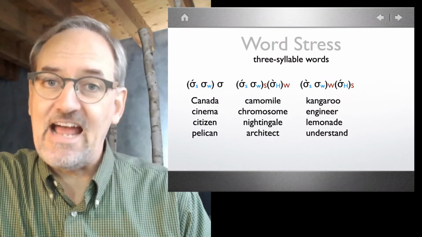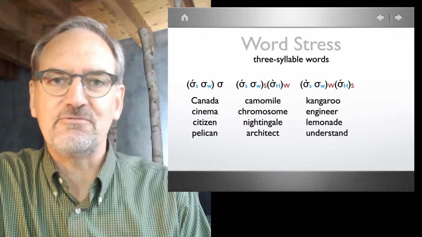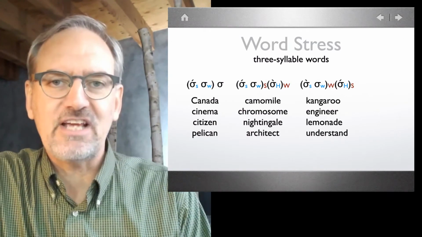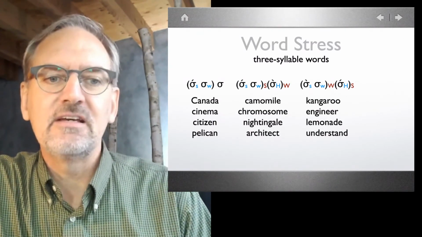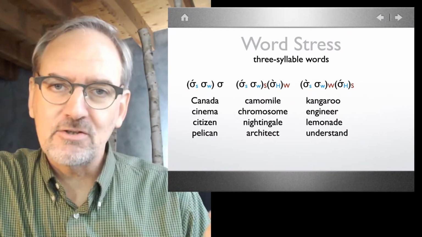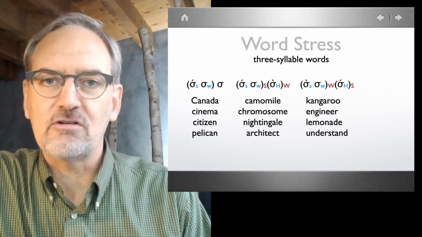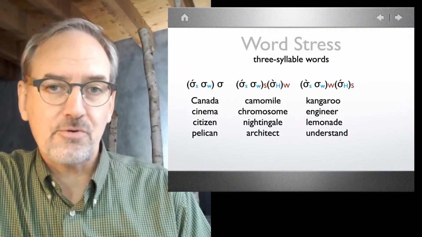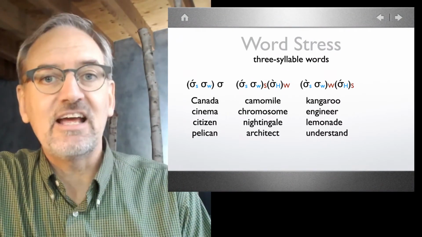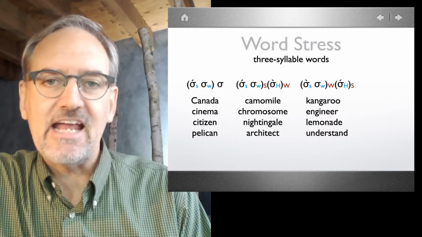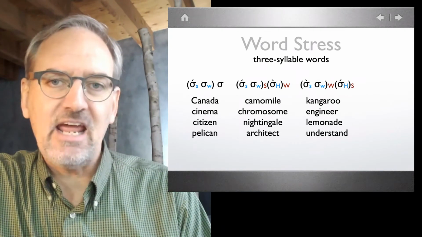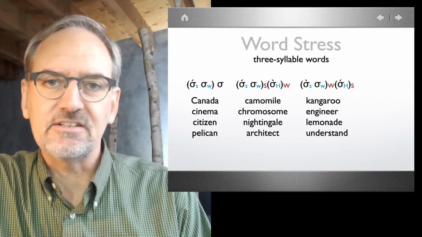The monosyllabic foot has to be heavy, right? Because it's a foot. There must be two segments in the rhyme. In this case, however, it's the monosyllabic foot that is the strong foot, receiving primary stress. So you get kangaroo, engineer, lemonade, understand.